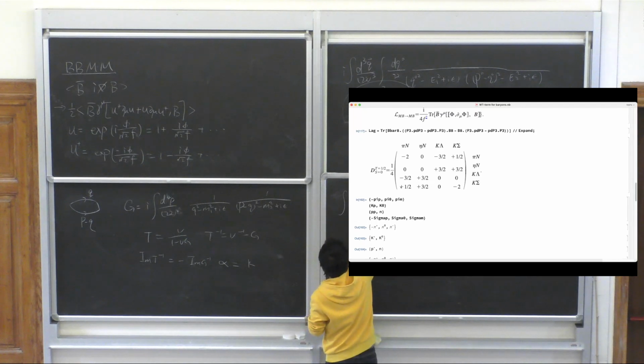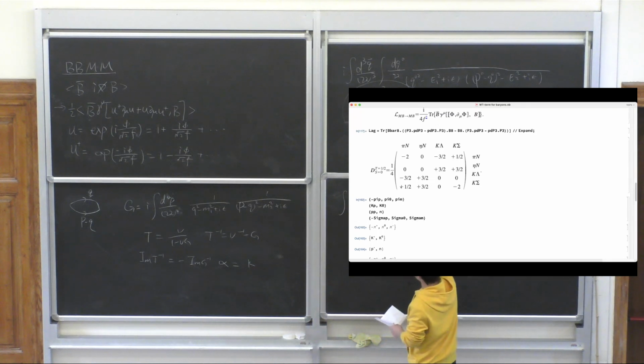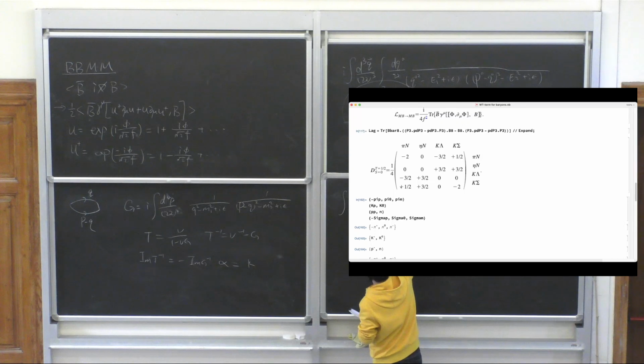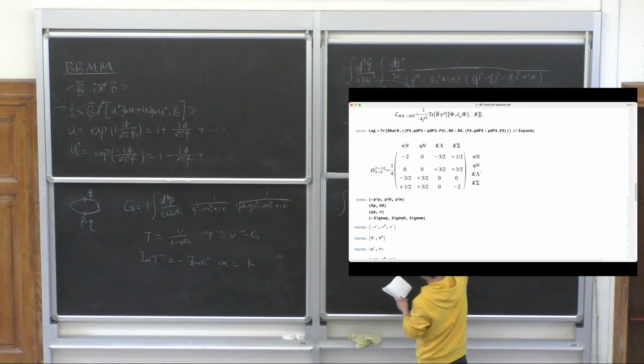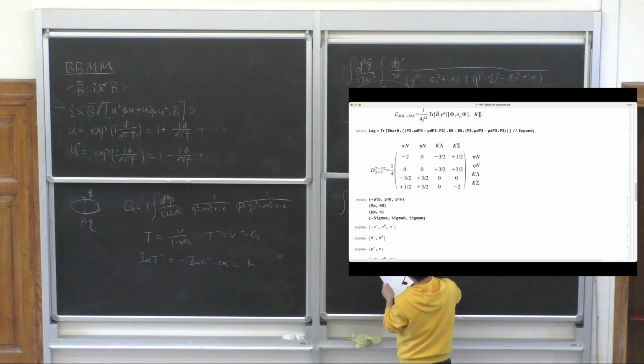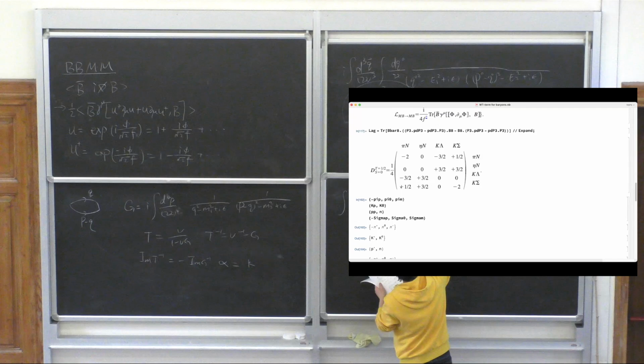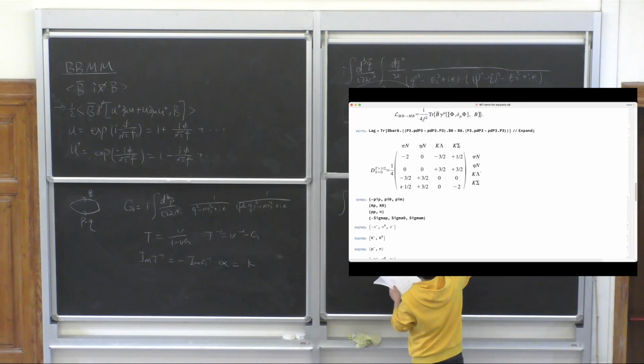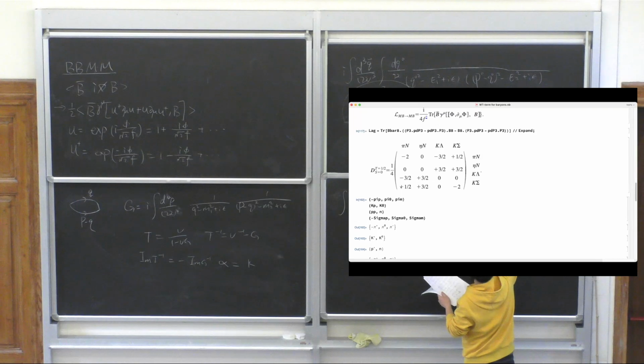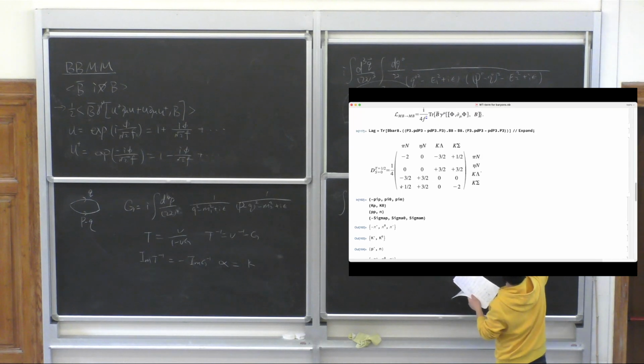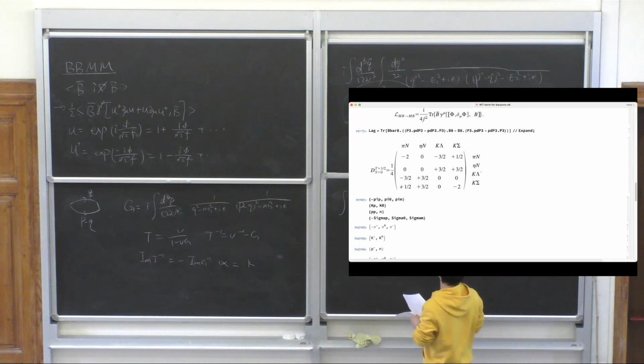So I will skip the details and also some factors. The final result will be E1 plus E2 over E1 E2, times P0 plus E1 plus E2 and P0 minus E1 minus E2 plus i epsilon.